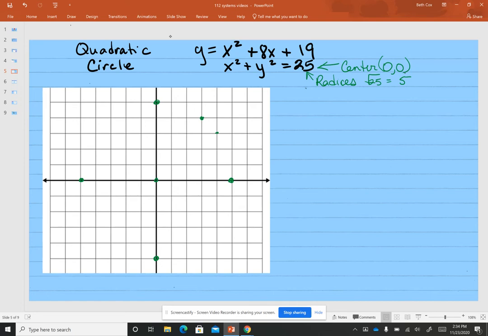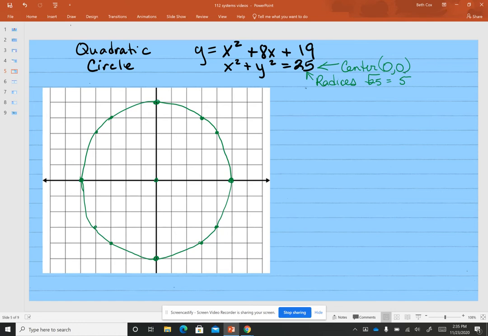There's some more points in here that I just happen to know about, but you won't be required to know those because MyMathLab does all the graphing for you. Okay, so there's my circle.